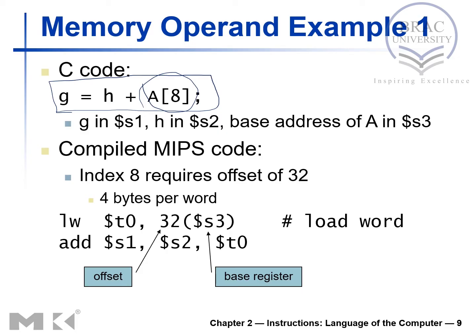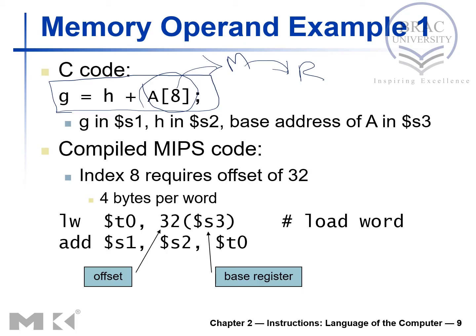As we discussed in the last slide, this is composite data, so it will be stored somewhere in memory. Since this is a stored program architecture, we need to bring this into the register file. How can we do that?